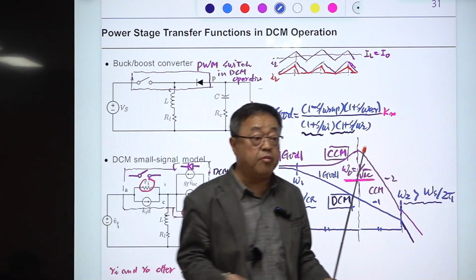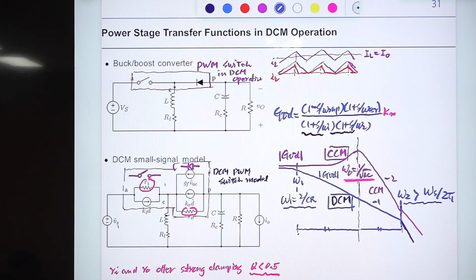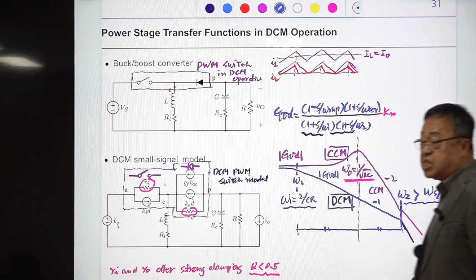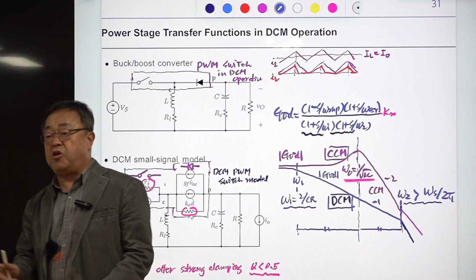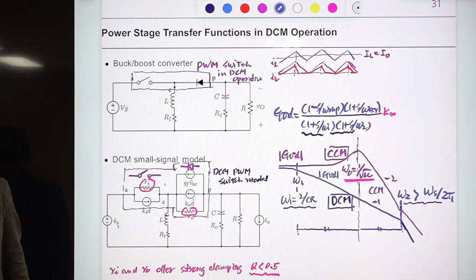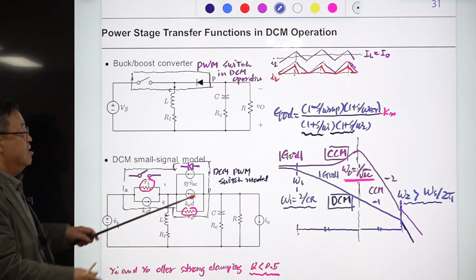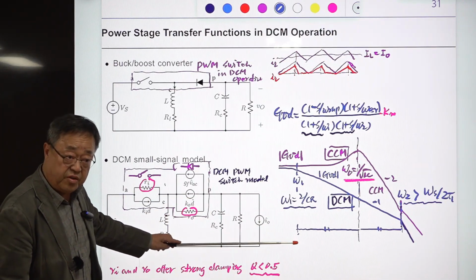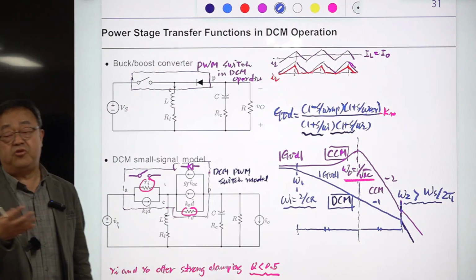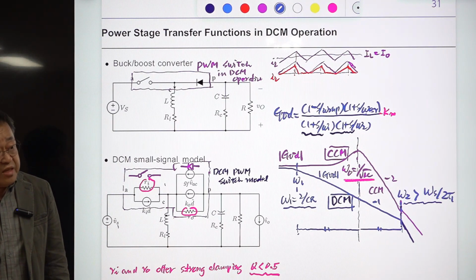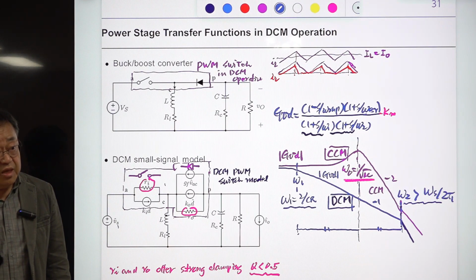But inevitably, your converter will go to DCM in an energy saving mode or some protection mode operation. Energy consumption is extremely important now. In an energy saving mode, the load current becomes minimal, and the converter is obviously in DCM operation. Then what should you use for your design? CCM or DCM?